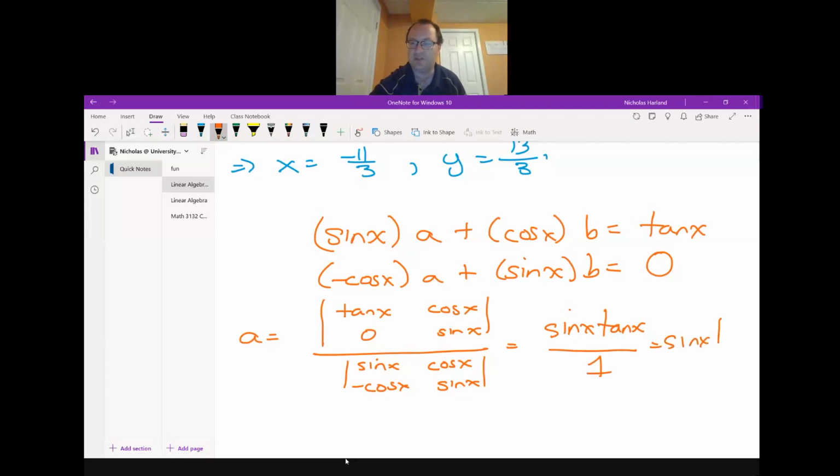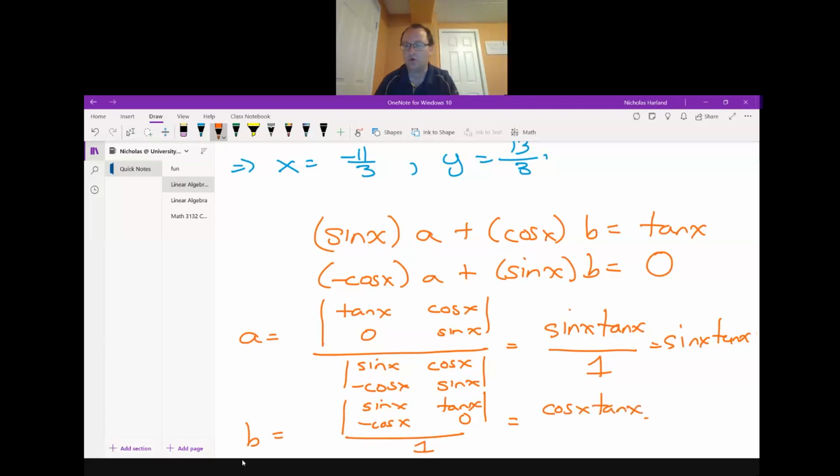And we can solve for these things without ever having to worry about row operations and stuff like that. Similarly, you could do B, and you would get cos x tan x over 1.